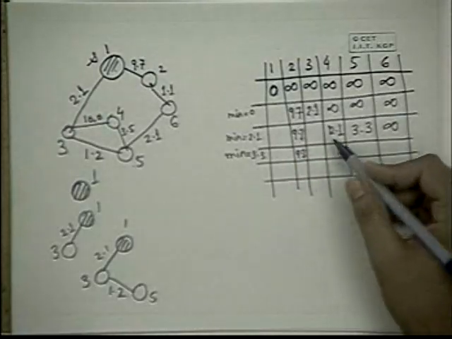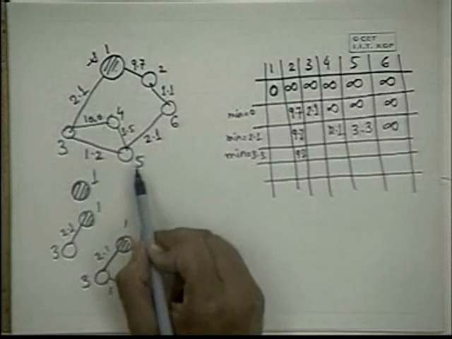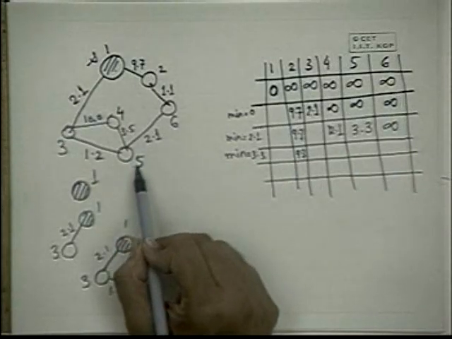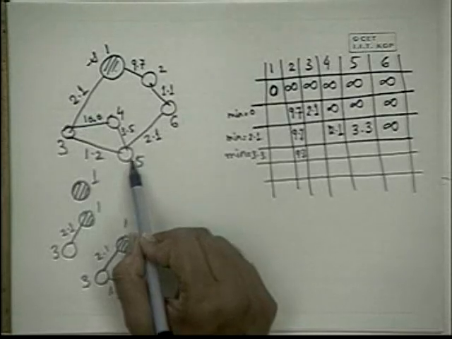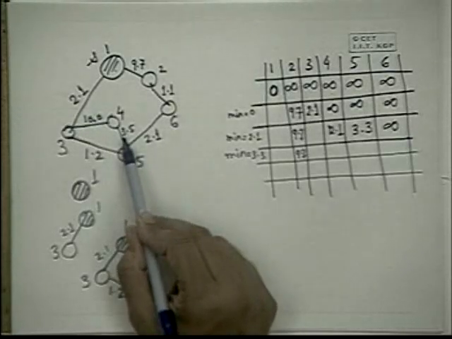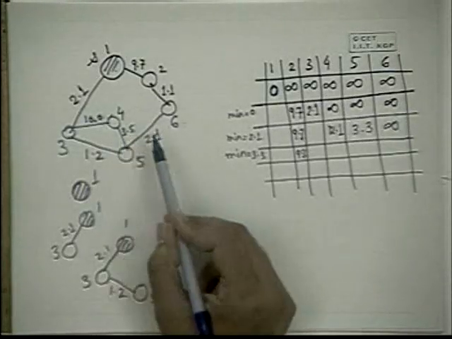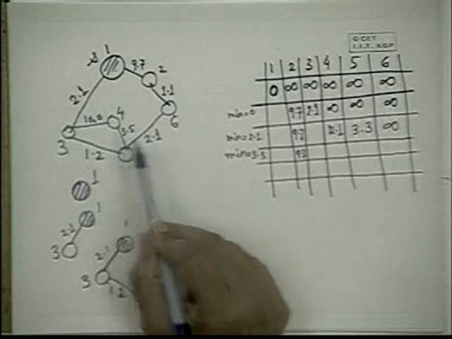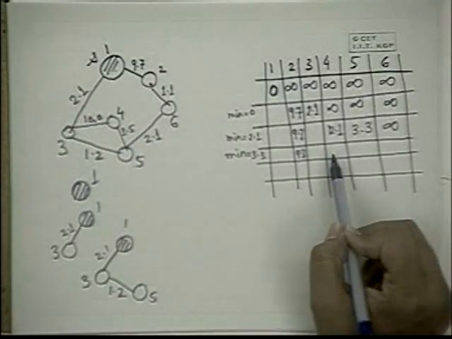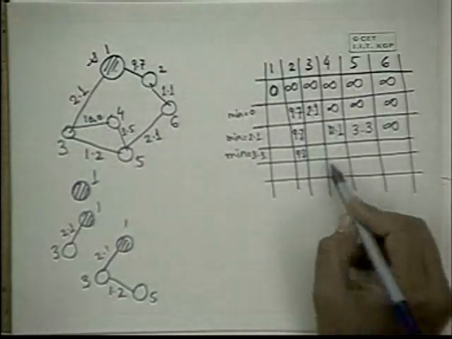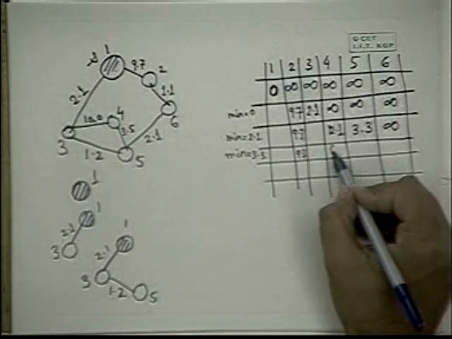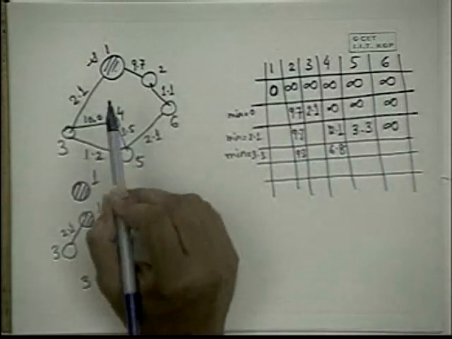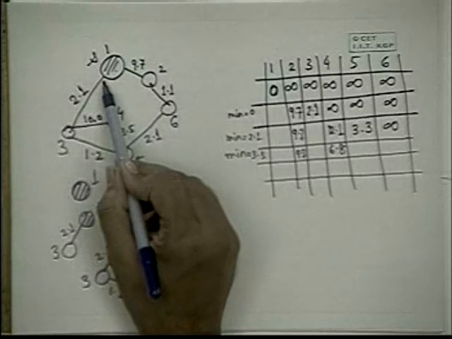Now look at 4. What is the priority of 5? The priority of 5 was 3.3, and 3.3 plus 3.5 will be 6.8. Now 6.8 is less than 12.1, so it will be updated. So 4 will get updated to 6.8, and here something interesting is happening.